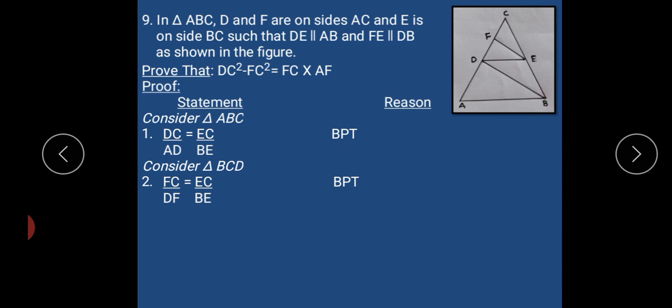And apply BPT, you will get FC upon DF is equal to EC upon BE. Now naming the sides I have taken according to what is asked to prove. Well, after this, if you see the statement 1 and statement 2, you will find the right hand sides are equal, EC upon BE. So left hand sides can be written.